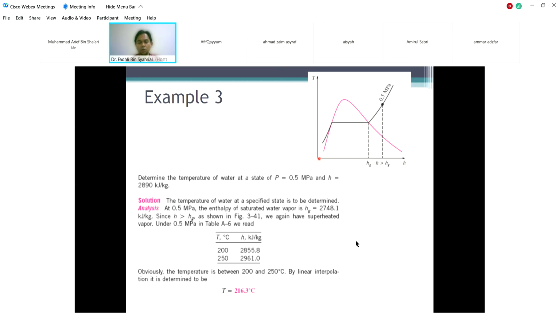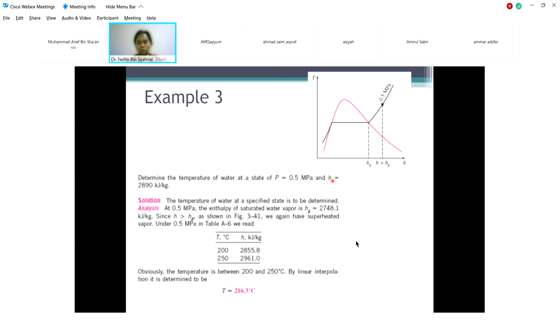Once we have the diagram, transfer all the information given to our diagram. This is step number 3. Draw this one, this is the constant pressure line. So transfer the value 0.5 megapascal. How about H?